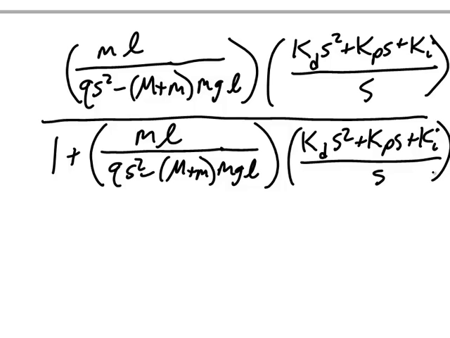Going to simplify this a little bit and once again put it into nice transfer function form. I'm going to do that by multiplying the numerator and the denominator by everything that's in the denominator. That is qs squared minus m plus m times mgl times s. That will get rid of these terms in the denominators in both the numerator and the denominator.